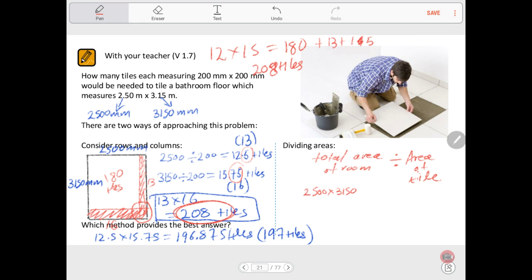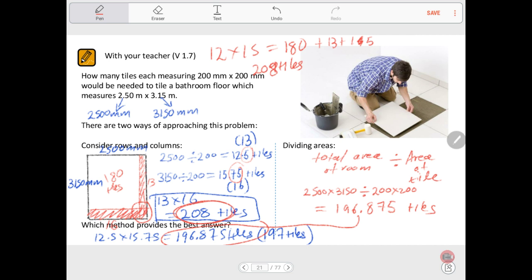That's the formula for working out the area of a rectangular room, length by width. And we'll divide this by the area of the tile, which is 200 by 200. These are squares, so same as a rectangle, length by width. Now if we do this calculation, well, we get 196.875 tiles, which is what we had over here. Matches up.